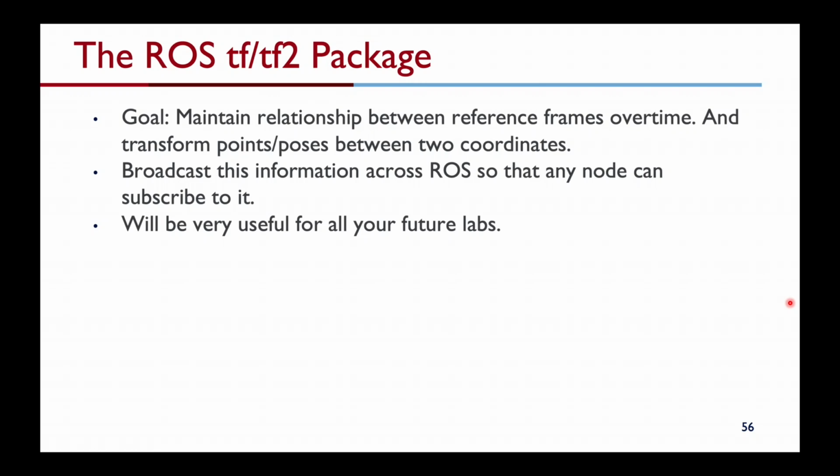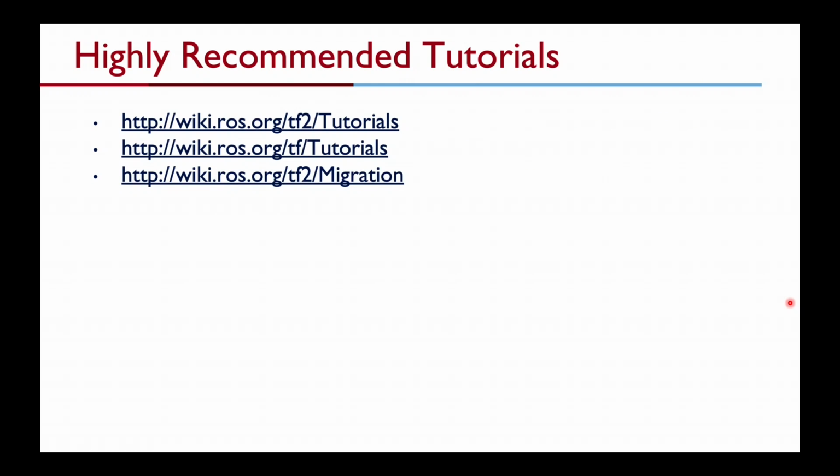This could be sensor data or points or the pose of the car. You can also transform from the base link to the map, or from the ODOM to the map, or from a submap to the global map, and things like that. So this is very useful to understand for all future labs and also for the simulator. We heavily use this in the simulation.